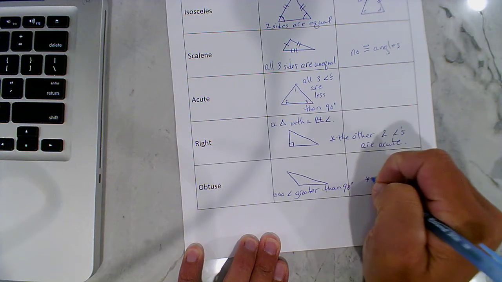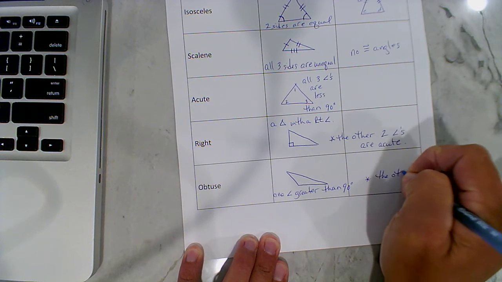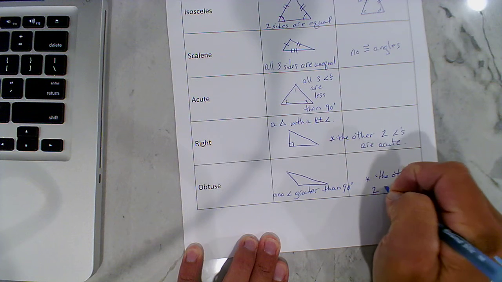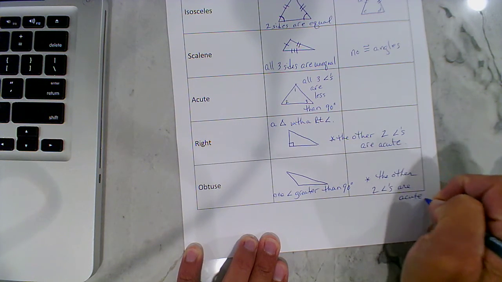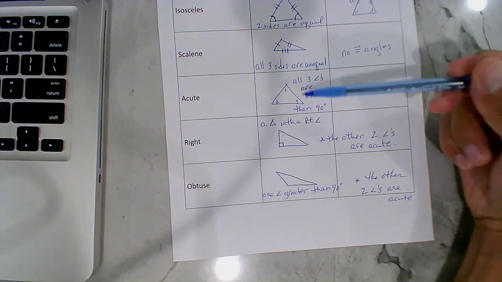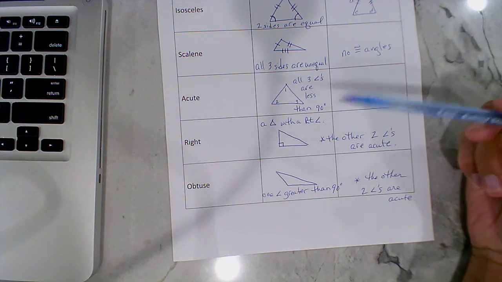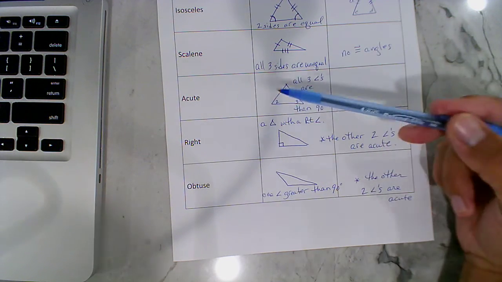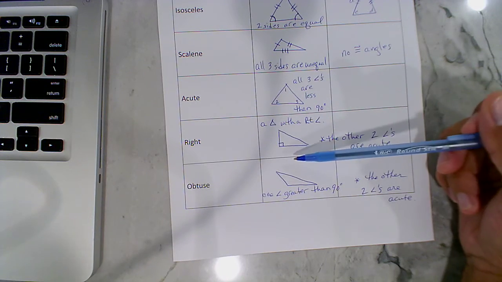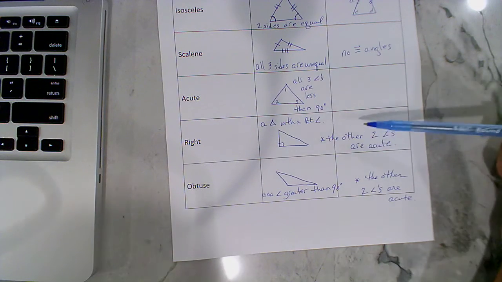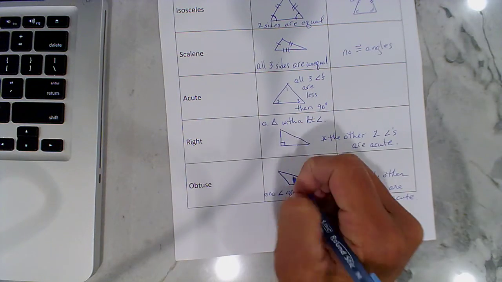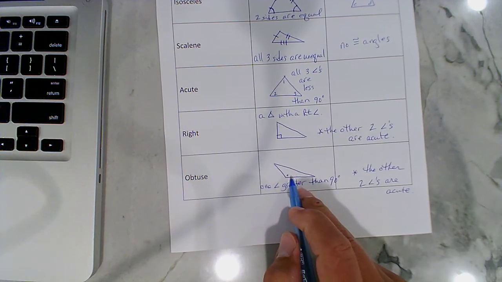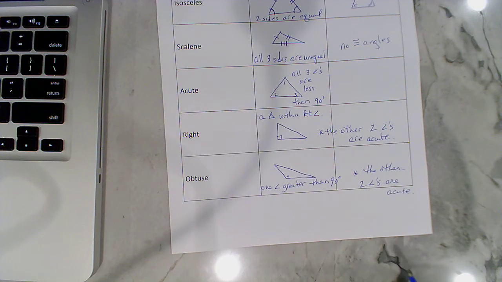But again, the other two angles are acute. So in other words, any type of triangle is always going to have at least two acute angles. If it's an acute triangle, though, it'll have three. A right triangle is going to have one right angle and two acute. An obtuse triangle is going to have one obtuse angle, and the other two will be acute.